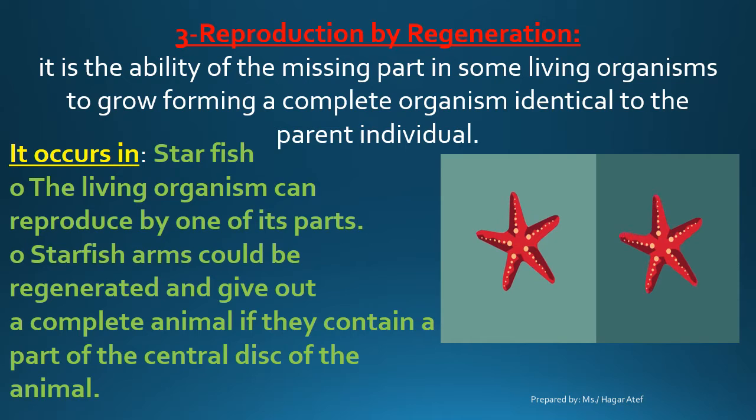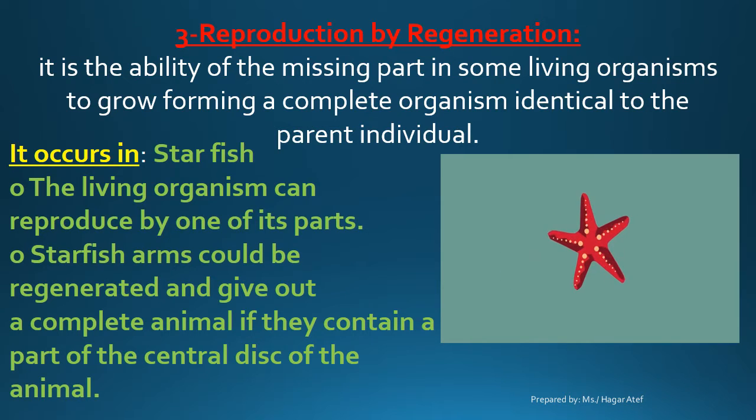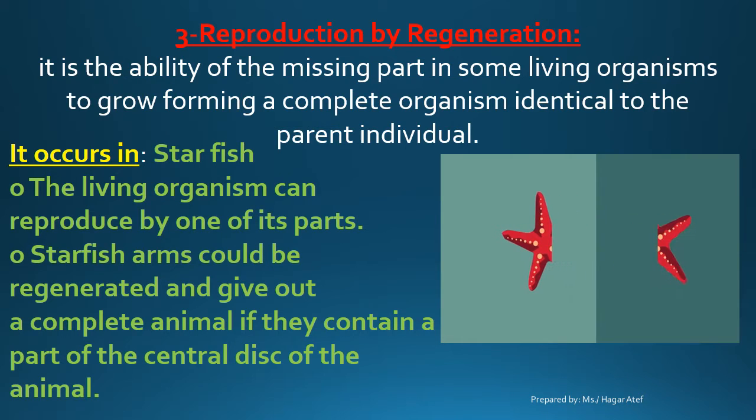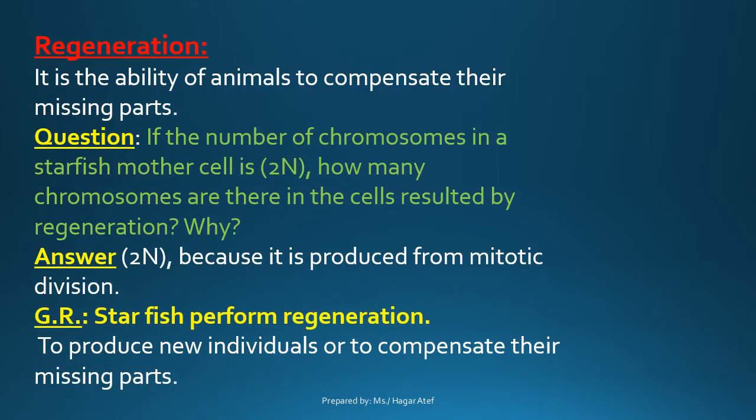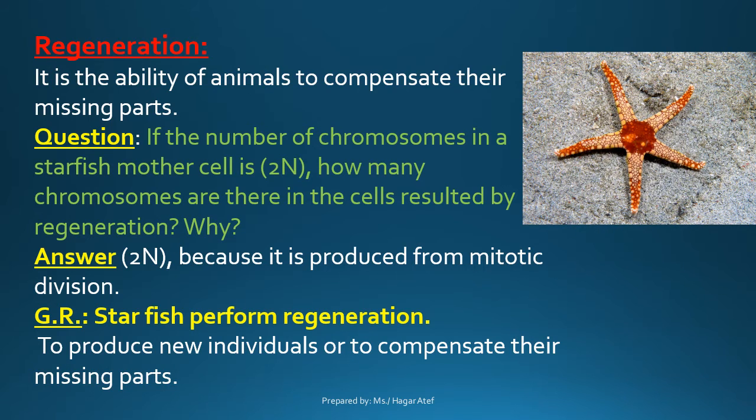Starfish arms could be regenerated and give a complete animal if they contain a part of the central disc of the animal. Regeneration is the ability of animals to compensate their missing parts.